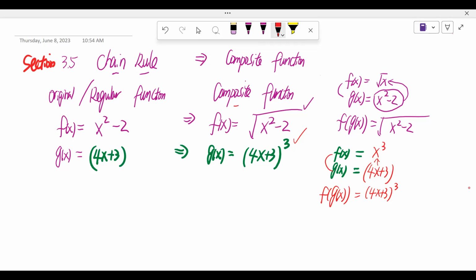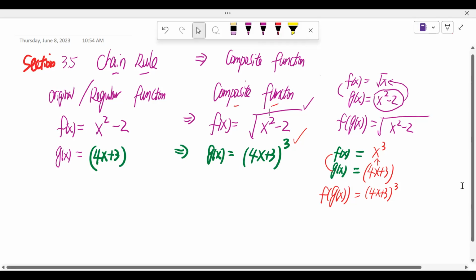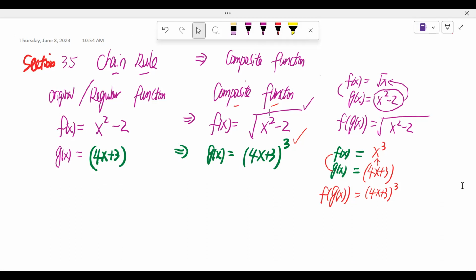So this is a typical composite function. We can always break it down into two, an inner function and an outside function. In this case, the inner function is 4x plus 3. Whatever is inside of the parentheses is called the inner function, and the outside function is x cubed.